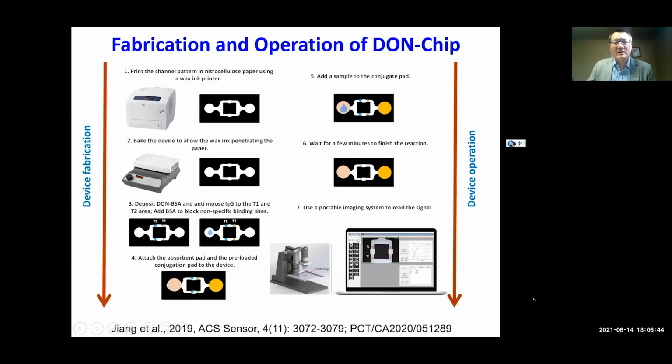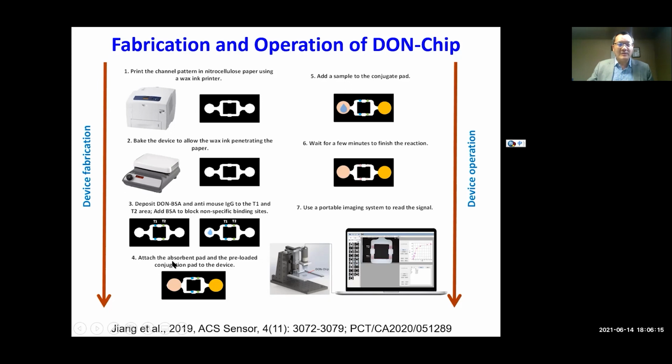And the fabrication of the operational DON chip. So you can see, first of all, we print the channel pattern on natural cellulose paper using a wax ink printer, and then bake the device to allow the wax ink to penetrate the paper, and then deposit DON BSA conjugate and anti-mouse IgG to the T1 and T2 areas, and add BSA to block non-specific binding sites.